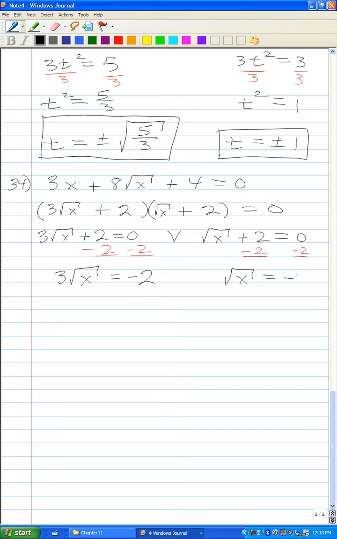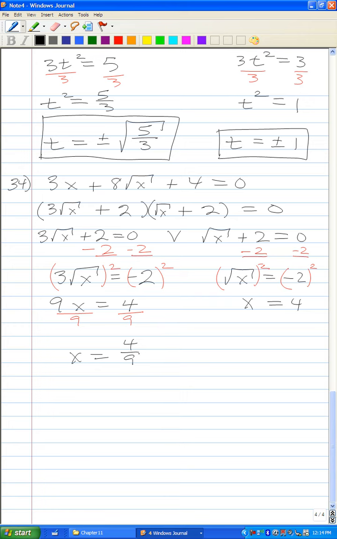Rad x equals negative 2. Square both sides of your equation to get rid of the square root. And so you get 9x equals 4. Divide by 9. So you get x equals 4 over 9.